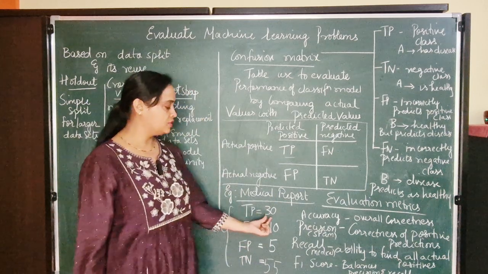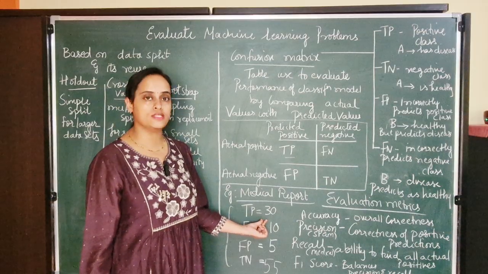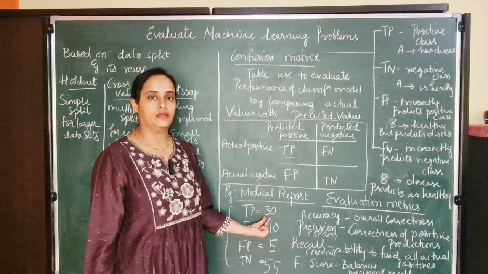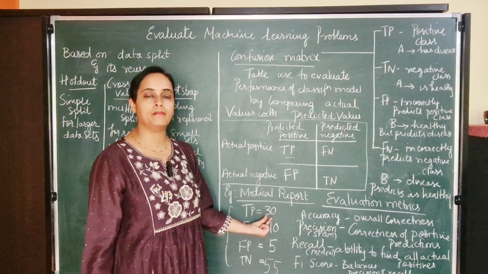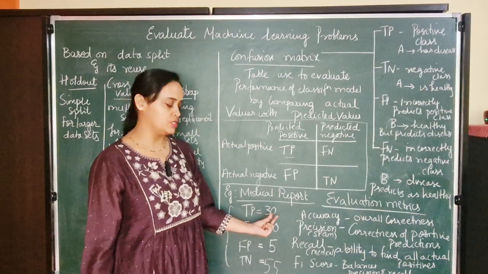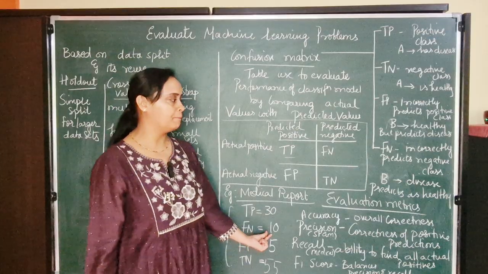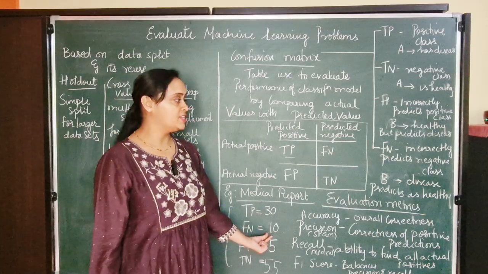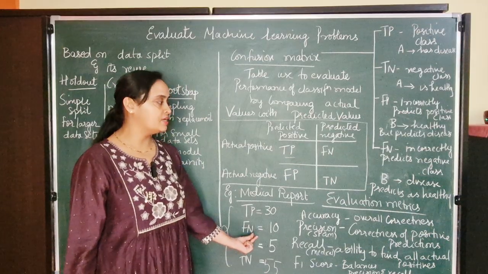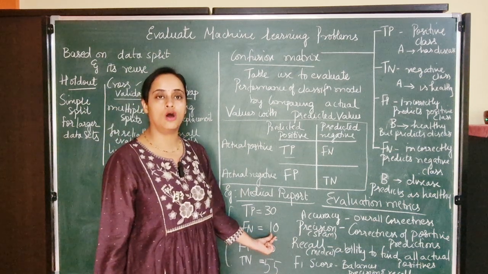True positive is 30. What does it mean? It is predicting the positive class correctly. That means 30 members are affected, and it is giving the correct prediction as positive. False negative is 10. It is predicting that 10 people are healthy, but it is wrong.